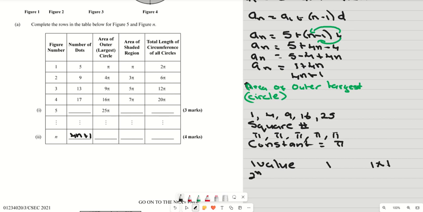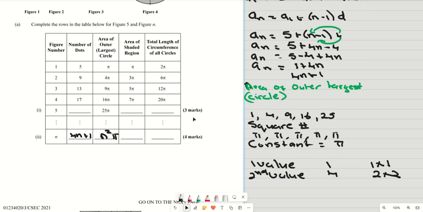Second value is 4, that is 2 multiplied by 2. If you look at the figure number, we can see that we are actually squaring our figure number. So the formula for this would be n squared by pi, pi being your constant.